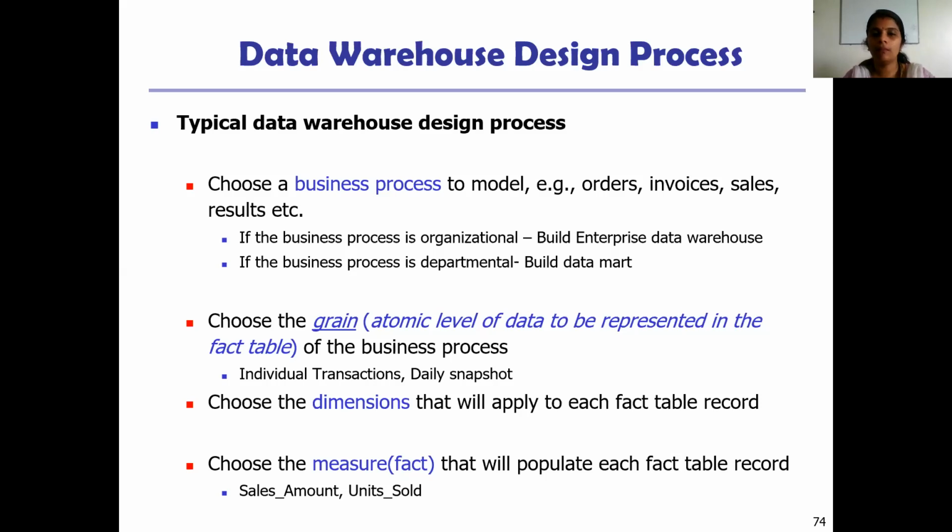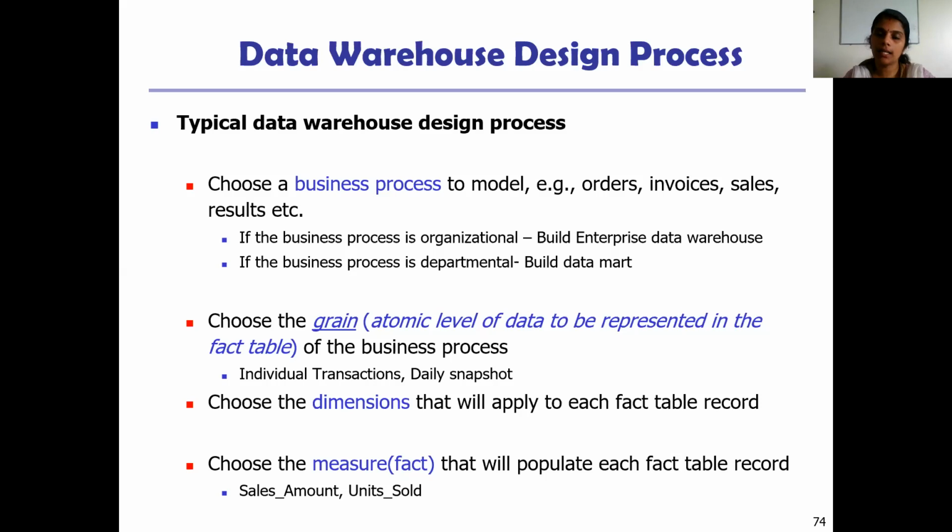So the second point is that we have to choose the grain, or understand the level of summarization, whether it is an individual transaction, consolidated data in quarters, or consolidated data in years. You have to choose the grain, the level of summarization, or the least atomic level of data to be represented in the fact table. It can be a daily, monthly, quarterly or yearly snapshot, or anything. So you have to choose the level of summarization. That is the second point.